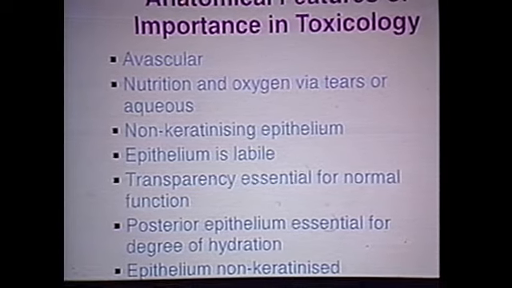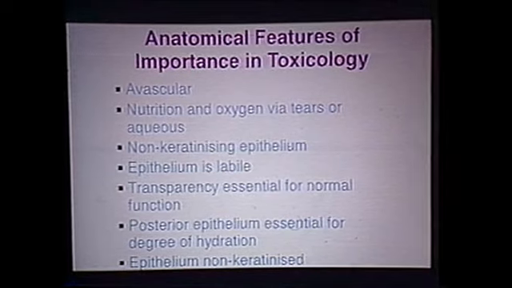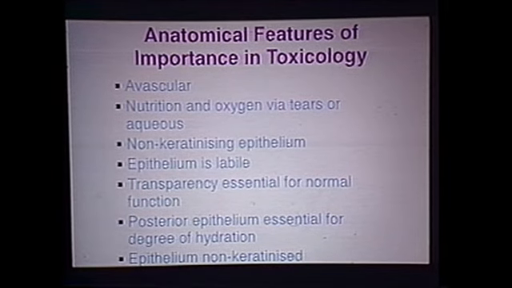This slide shows a list of some of the features of the anatomy which are important in toxicology. The avascular nature, which we've mentioned, is extremely important because it tends to modify the type of reaction that one obtains. The fact that oxygen and nutrition come via the tears or aqueous is important because it also means that toxic chemicals may arise via this route as well.